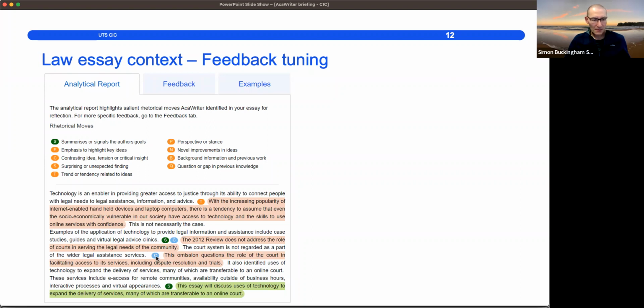It's also classified that as a C. "This essay will discuss." That is one of those S sort of summary signposting sentences telling the reader what's to come. And you often do that in writing, whether you tell the reader what's to come or what you've just told them to close a section, or what you're about to do in the next section, and so forth.